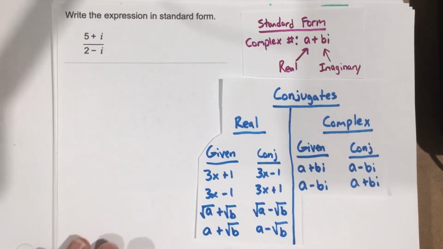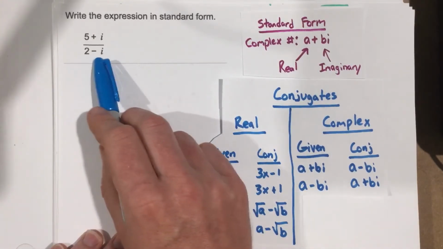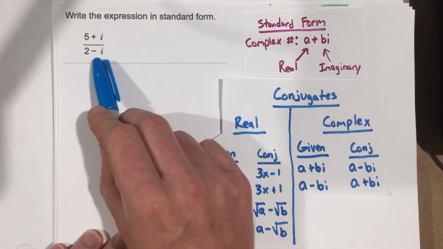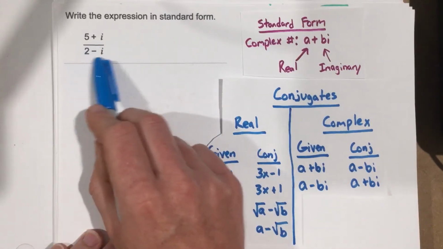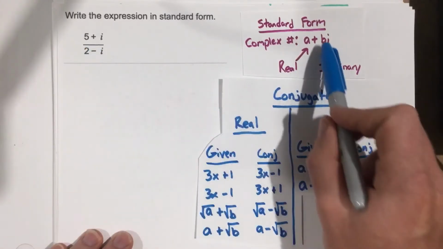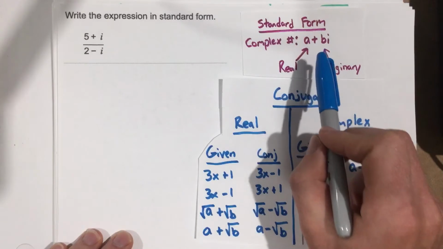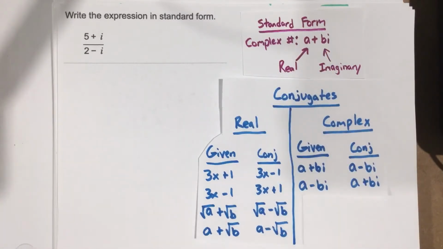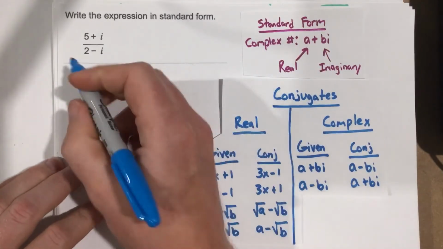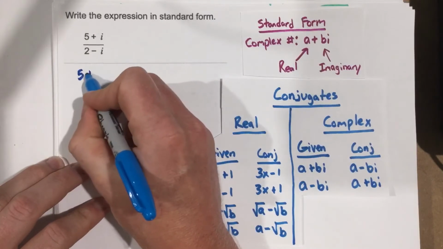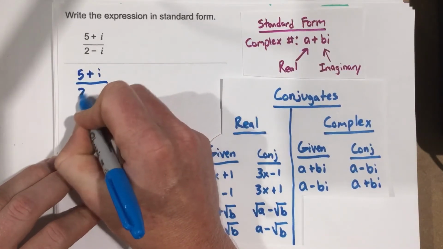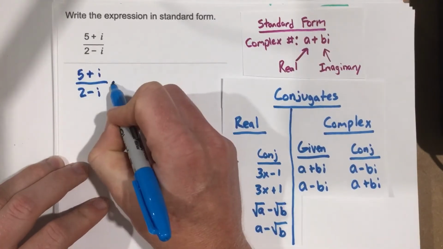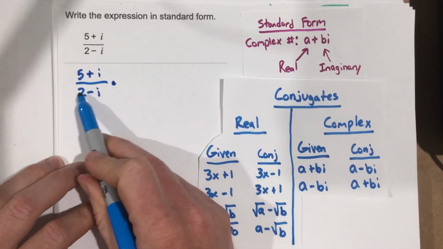So what we're going to do is we want to cancel out this denominator, right? That's the problem that we have here, is that this denominator, we need to get rid of it so we can get it into our standard form. So I'm going to multiply 5 plus i over 2 minus i. I'm going to multiply by the conjugate of the denominator.